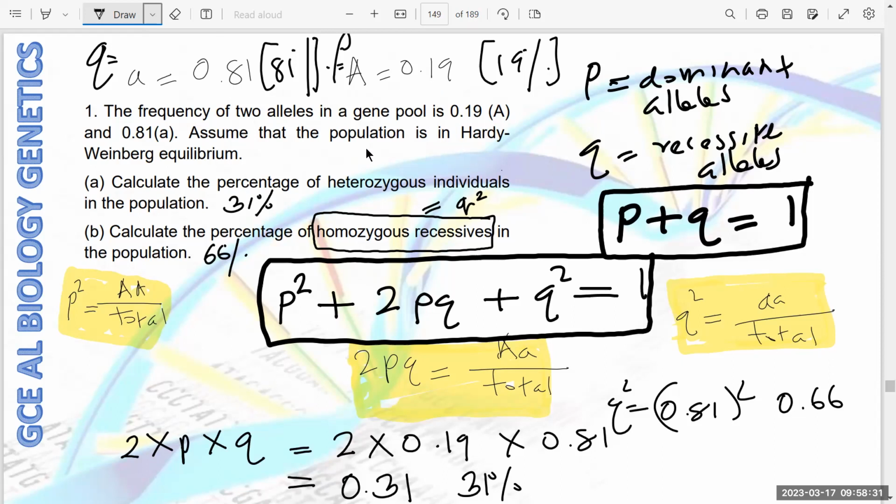Or we can also go according to the Hardy-Weinberg equation. The dominant one is p squared, so it should be 0.19 squared. I did not use the decimals to a higher level, just rounded up.